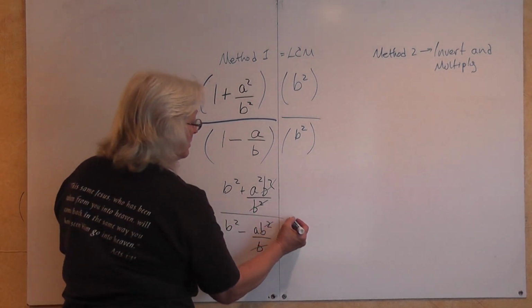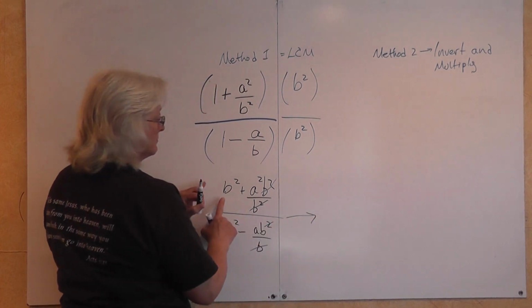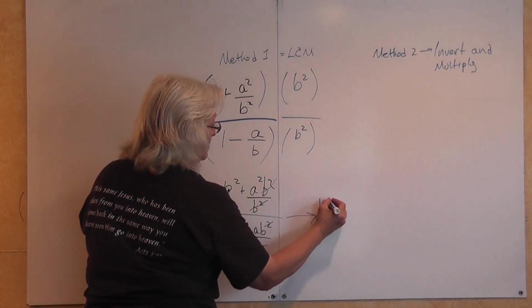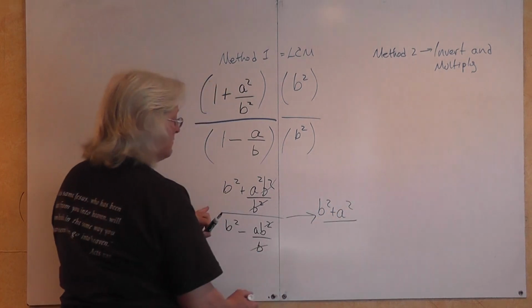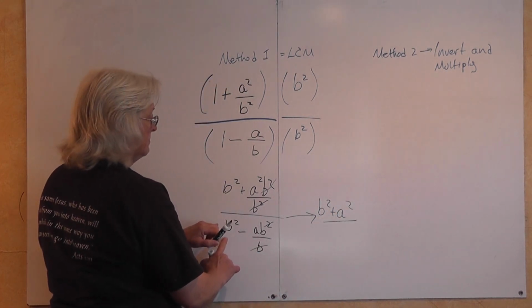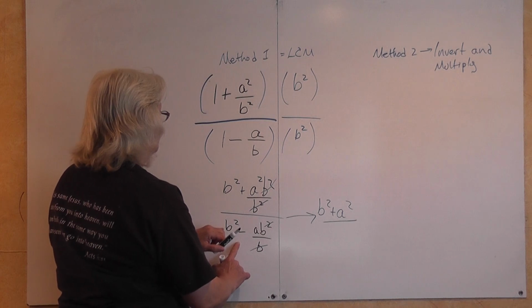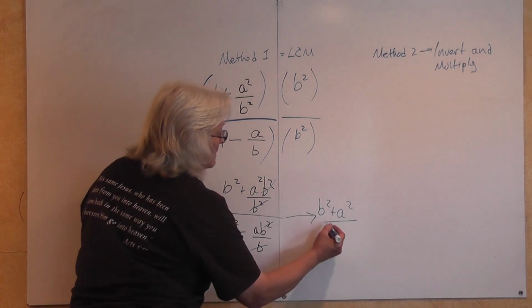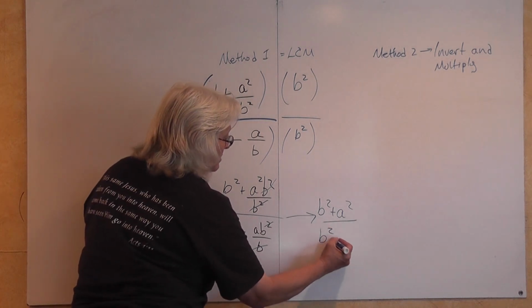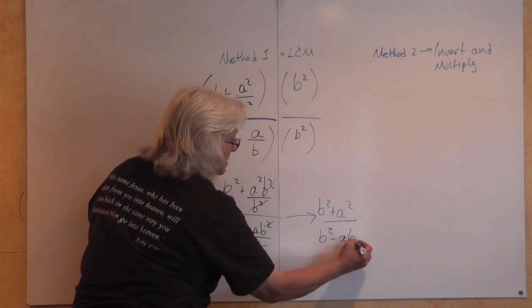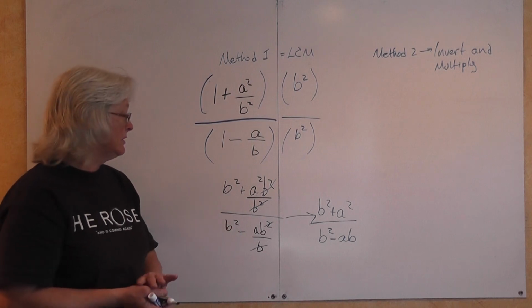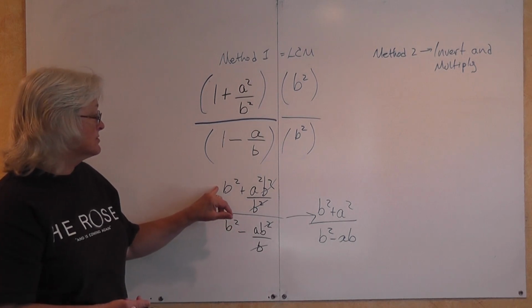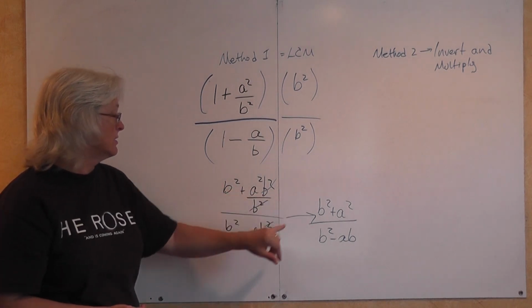Let me move over here and see what I have left. B squared plus a squared over b squared minus ab. Everybody see what I've done here? B squared plus a squared.